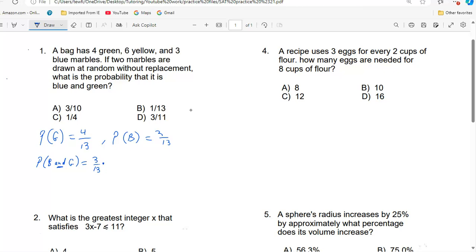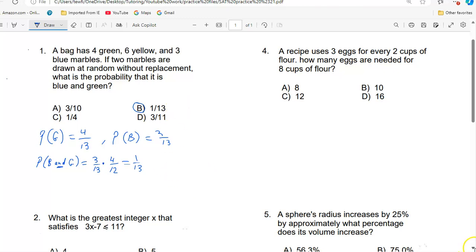How many green? The green will be 4, but not over 13 now, because we already drew 1 blue, so the total now is 12. If you multiply that, 3 times 4 is 12 over, so it's 1 over 13. 1 over 13, and that will be the answer. Choice B.